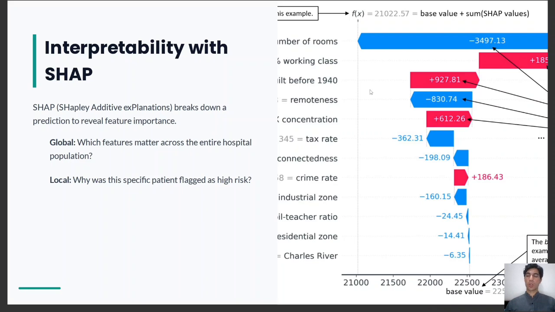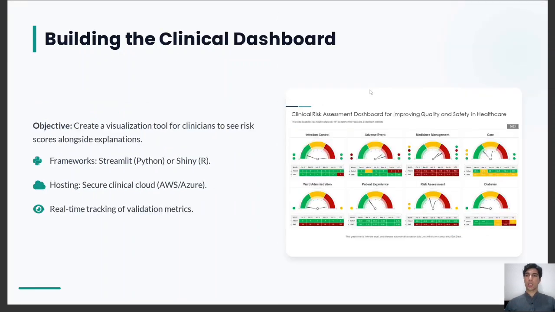There are two types of SHAP values that we use. First, the global ones, which show which features matter across the entire hospital population. And then there are the local ones, which explain why this specific patient was flagged as high risk or low risk, depending on the prediction.